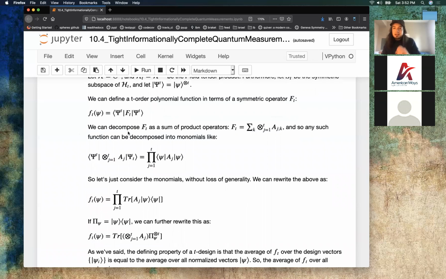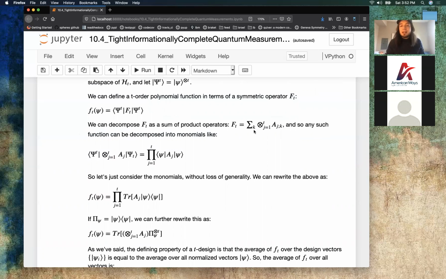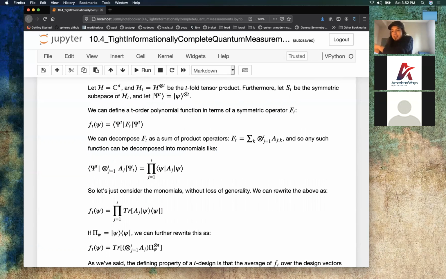Now, we can decompose this in a nice way, as a sum over operators, which are just the tensor product of little operators acting on each of the tensor pieces. Here we have t tensor pieces to work with, so we have an A for each one. That's one operator, and then we have, say, K of them, and we add those up.